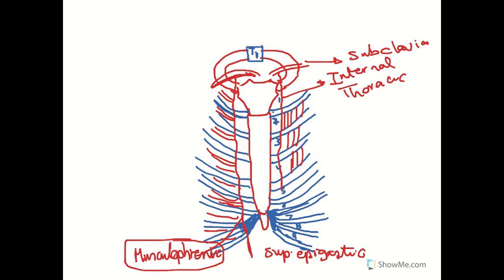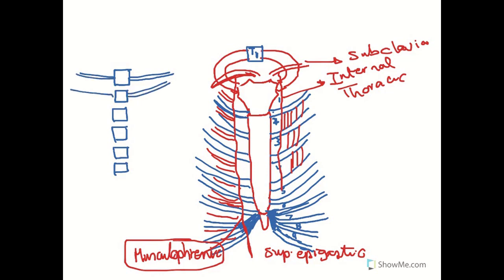What about the posterior part of the thoracic cavity? Let's say this is the vertebral column here, the thoracic part of the vertebral column, and we have the descending thoracic aorta near the thoracic part of the vertebral column. These are the posterior attachments of the ribs.